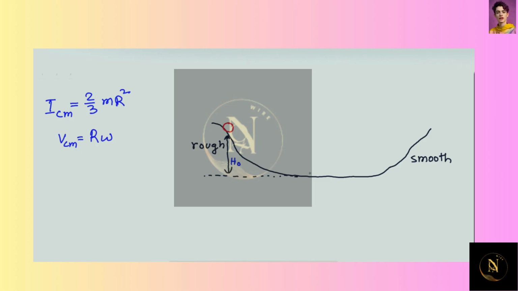Now, in our problem, we will be using conservation of energy here. So we can set this base, or the valley, as y equals 0. At this point y will be h naught, and let's say if the ball goes up to this height, then let's call this h.